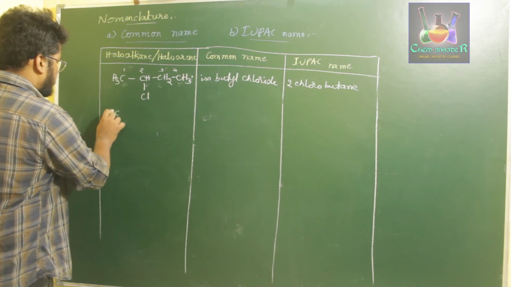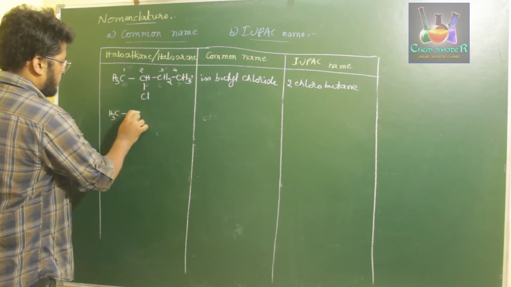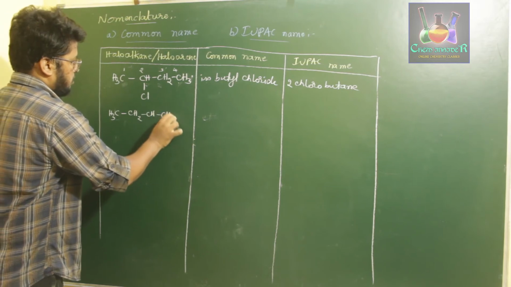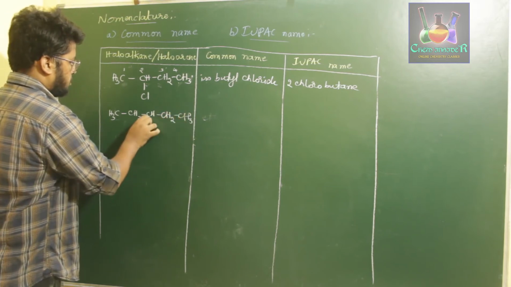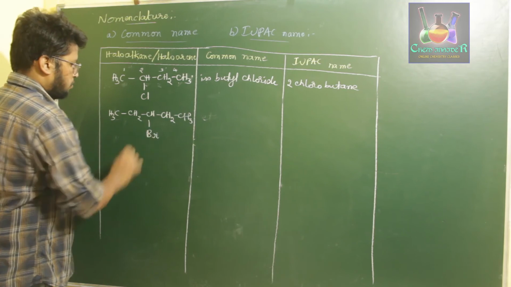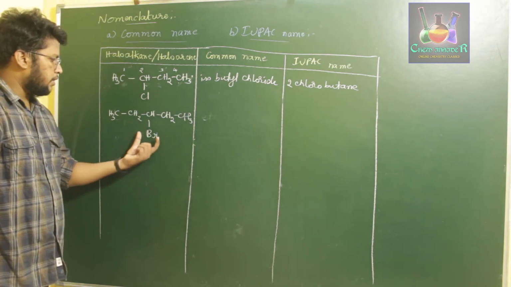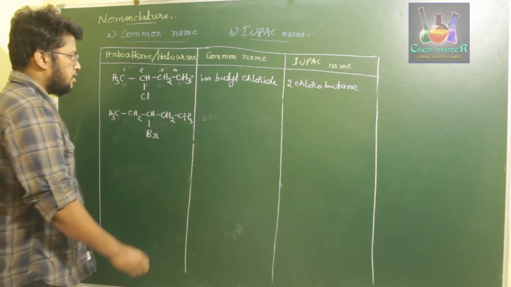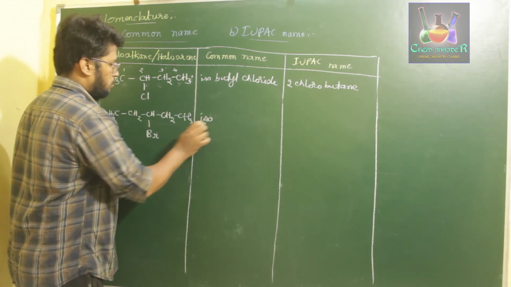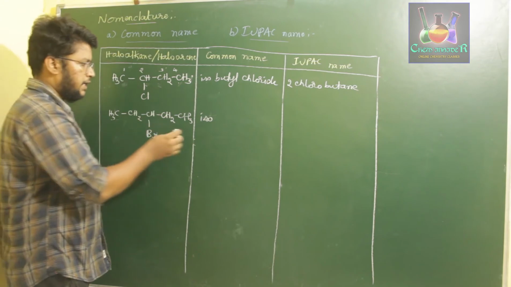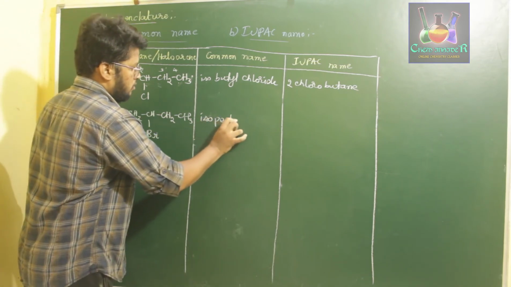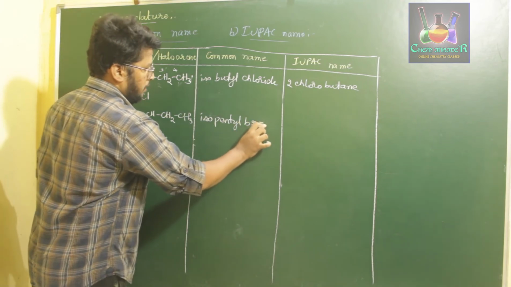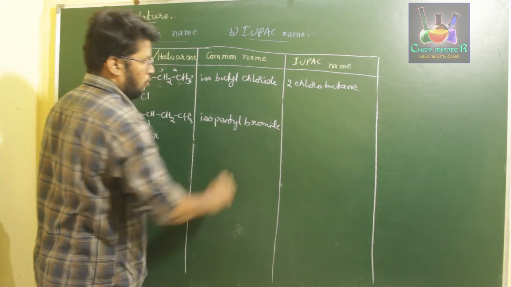Now one more similar example. Let us say CH3, CH2, CH, CH2, CH3, and we have bromine at this position. This compound has bromine at the center carbon with equal spacing on both sides. So this is called iso, with 5 carbon atoms, pentyl: isopentyl bromide.